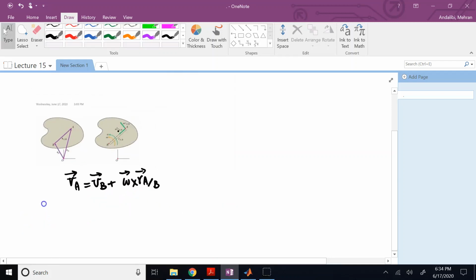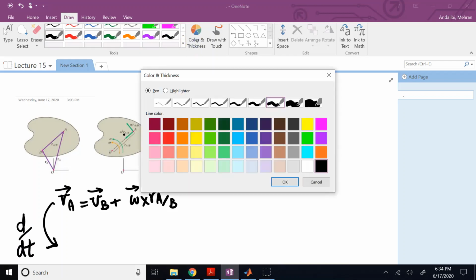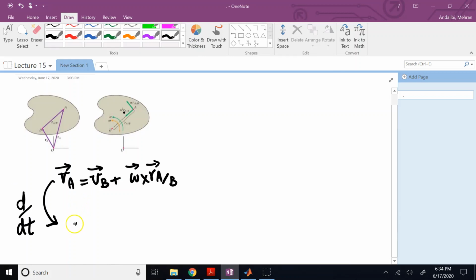And now we can take a time derivative from this equation. If we do it, then we're going to get a of A is equal to a of B plus the time derivative of this cross product.